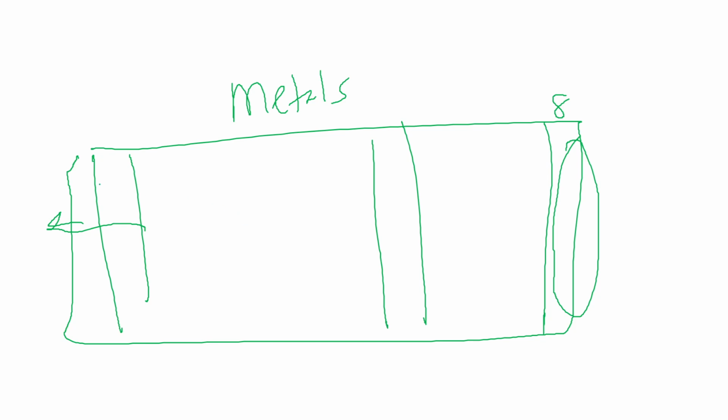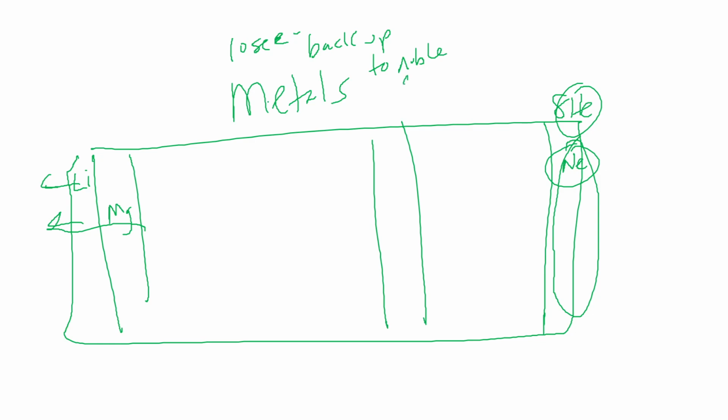As we saw with magnesium, it backed up to our friend there, neon configuration. As we saw with our first one as well, which I think was lithium, it backed up to helium's configuration, which is the noble gas that comes right before lithium. So metals will lose electrons and they will back up to the noble gas before them.